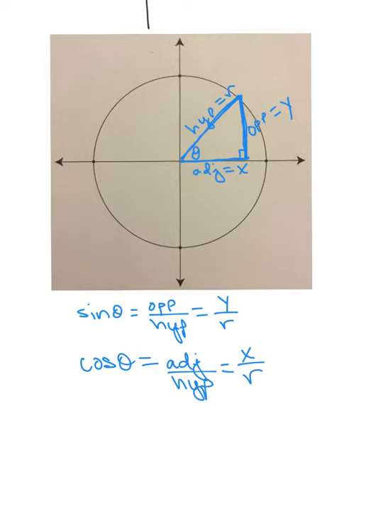I just chose to draw it in the first quadrant. And then tangent of theta, remember we said tangent is opposite over adjacent, so tangent is y over x. So this is where these new definitions of trig functions come from. It's using SOHCAHTOA on a triangle that's within a circle.